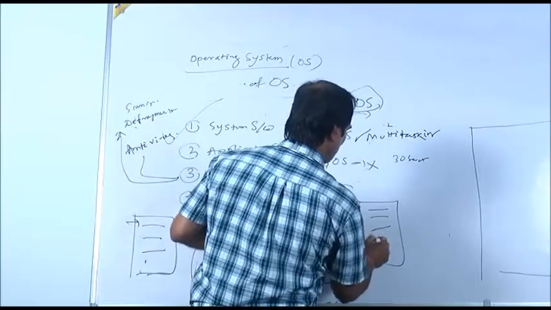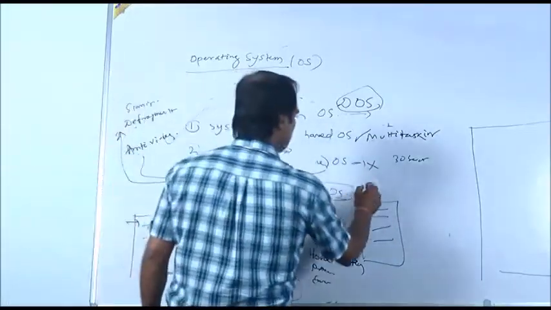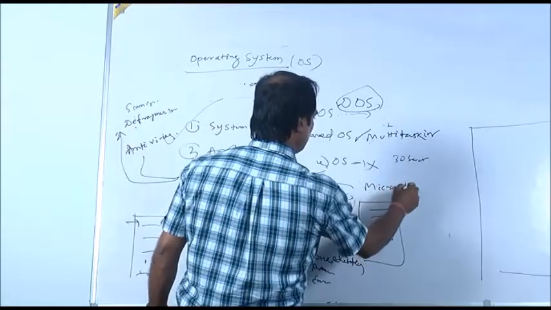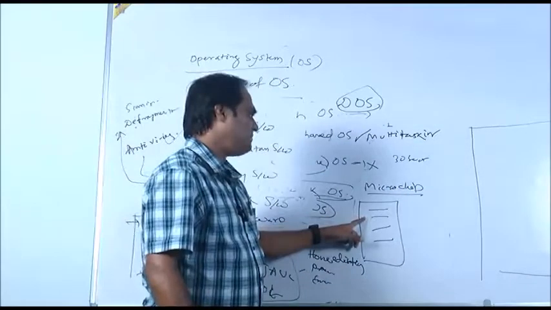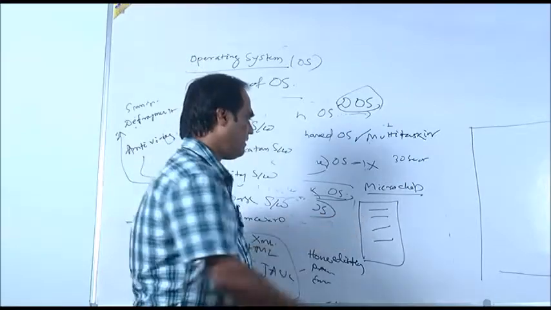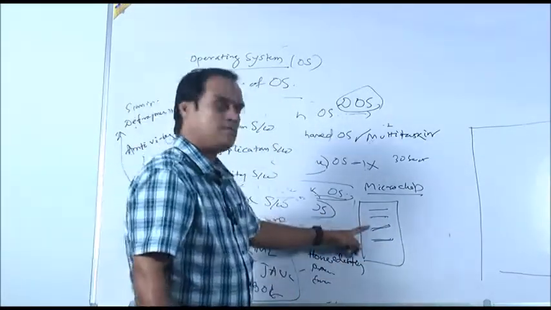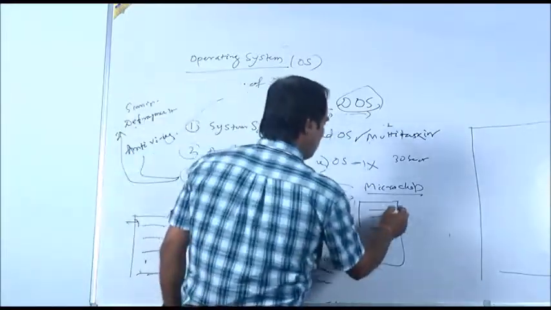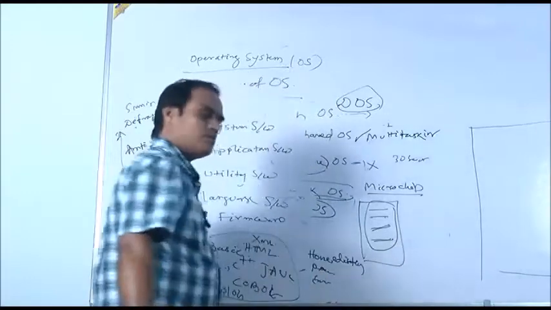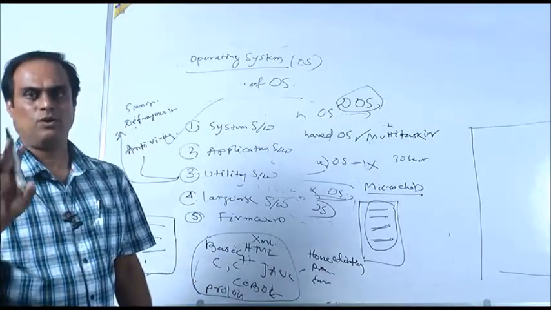Let it be these 4 lines are written in a chip, one microchip is there. The manufacturers have written these 4 lines of instruction. So, when this chip is used in the computer, every time these 4 instructions are executing, no changes.